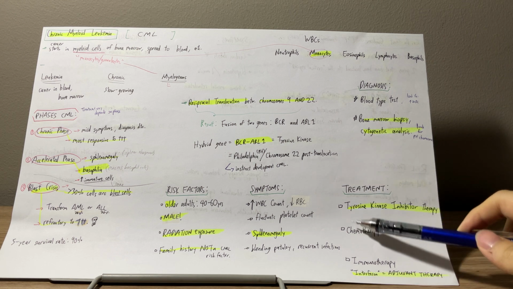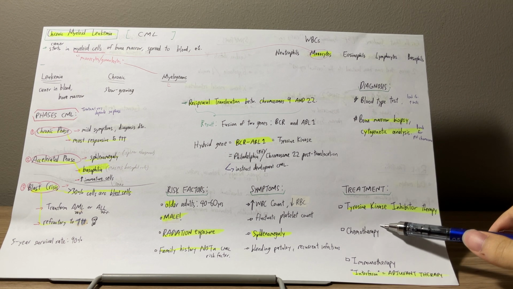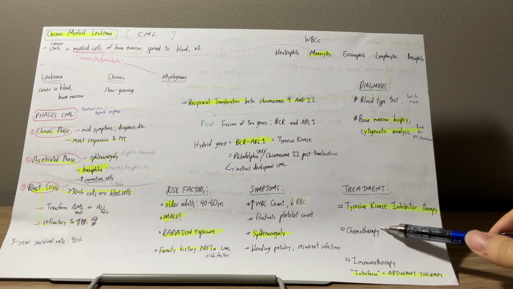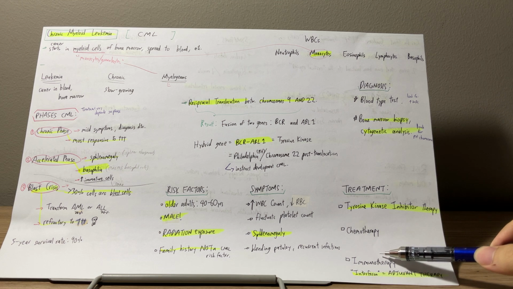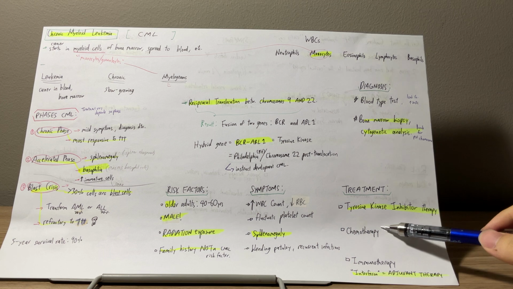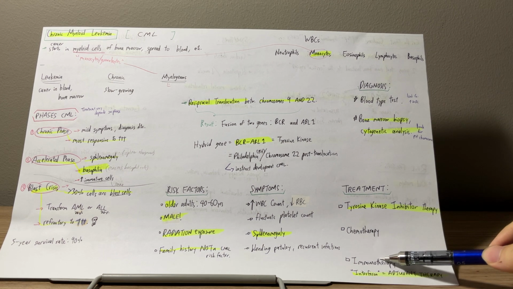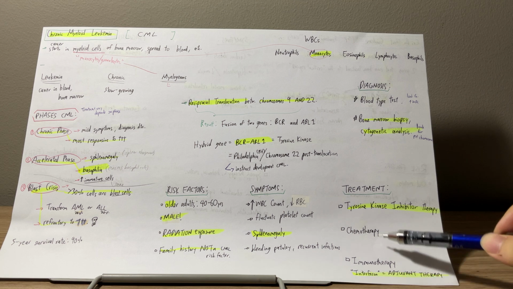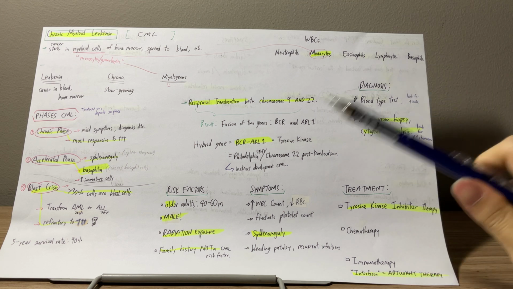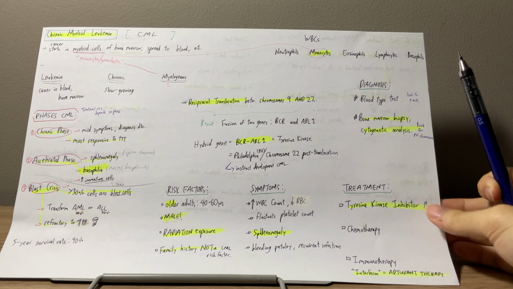But chemotherapy, in a way, poisons your healthy cells. I think that's the word for it. Immunotherapy, on the other hand, I don't think it damages as much as chemotherapy, but it delivers the same effect, or at least something similar, that helps address chronic myeloid leukemia.